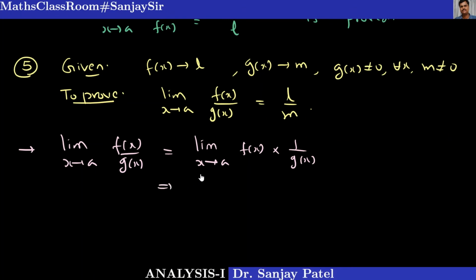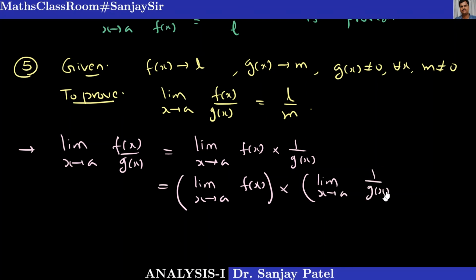So I can write this equal to, by using the working rules for the product of two functions, because all limits under consideration exist, the limit of f(x) into the limit x tends to a of 1 upon g(x). So this is equal to L and this is equal to 1 upon m because of 3 and 4.